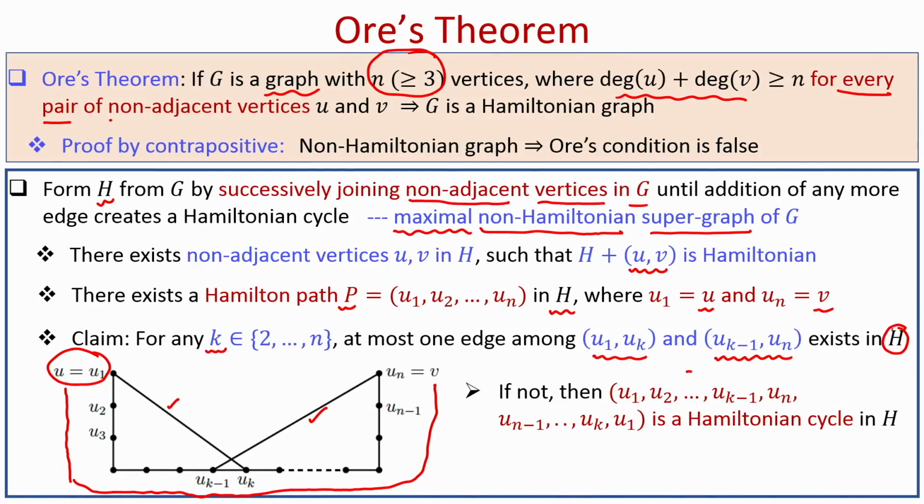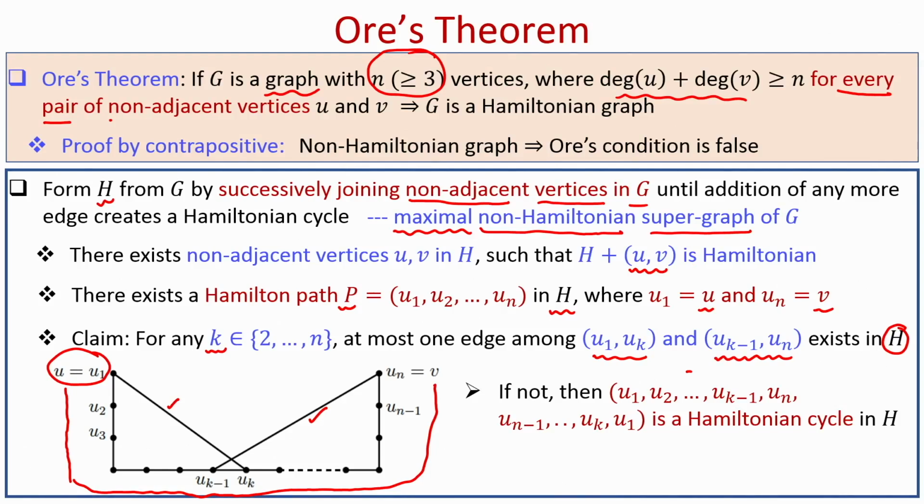Then I can argue that from this Hamiltonian path P, I can extract out a Hamiltonian circuit in my supergraph H itself, which is a contradiction, because as per my construction the supergraph H is still non-Hamiltonian.